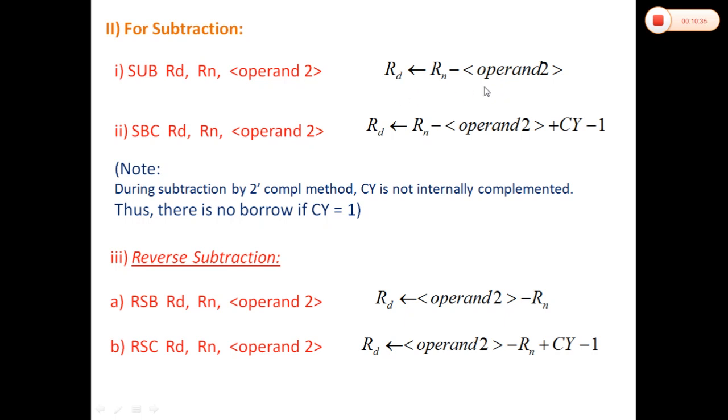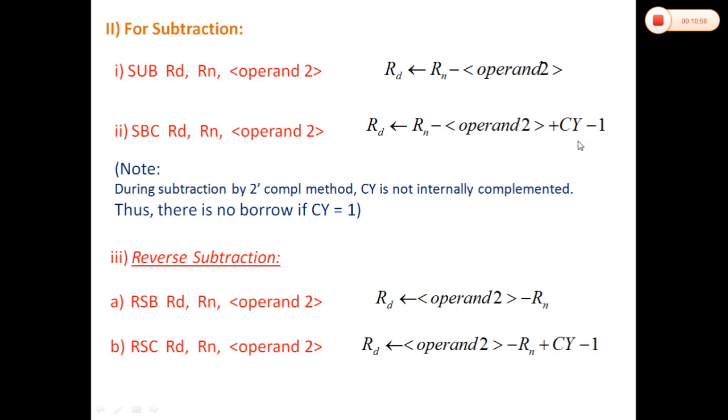Because of this change, that is taken into account by subtracting 1 from this. So this fact is taken into account while performing the subtraction with borrow like this.